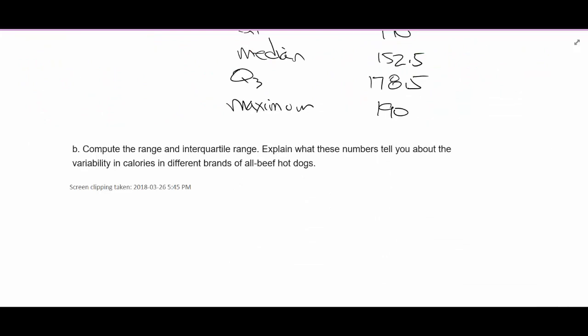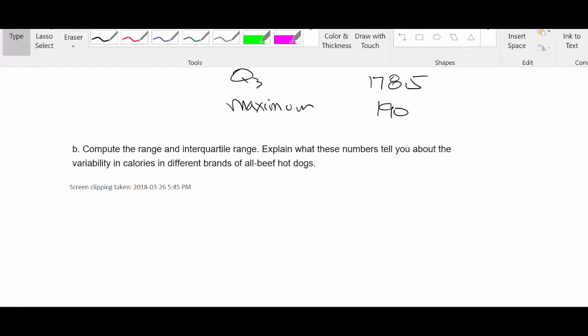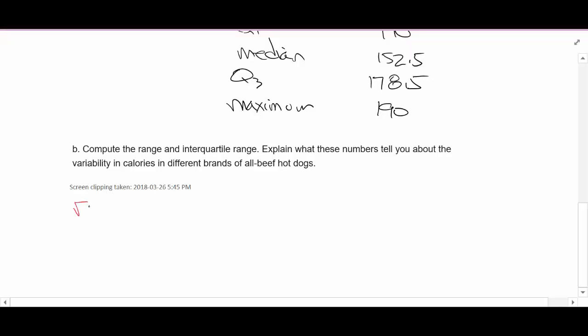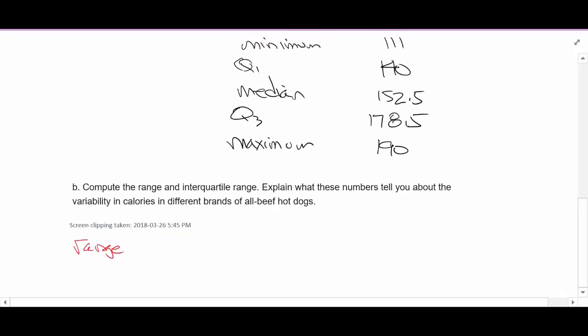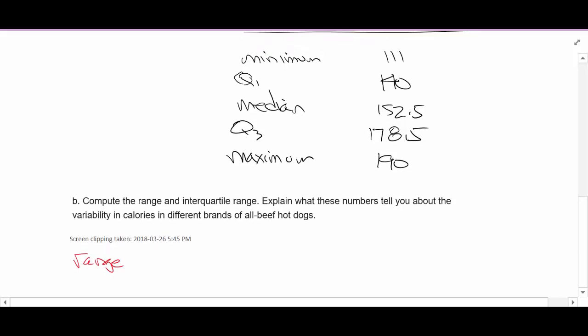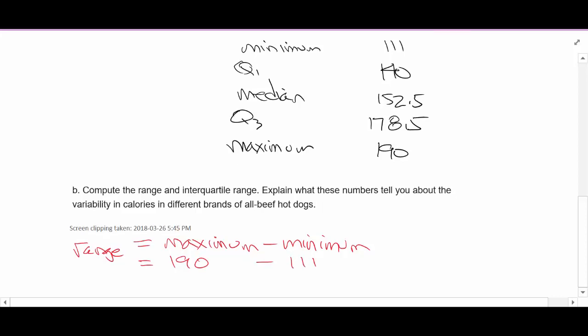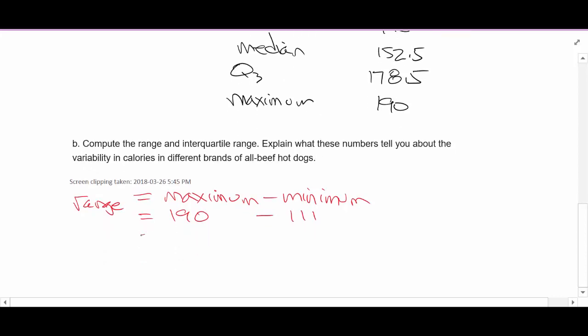Okay, calculating the range and the interquartile range. So the range is simply the difference between the maximum and the minimum values from the data. Well, from our 5-number summary, we can take that. The range is equal to the maximum minus the minimum. So from the 5-number summary, that's going to be equal to 190 minus 111. Well, the range then is 79.